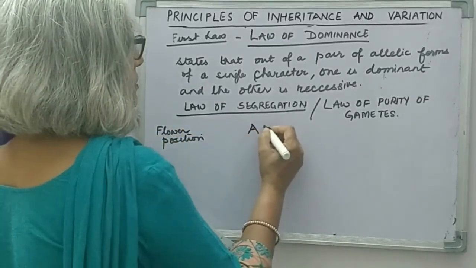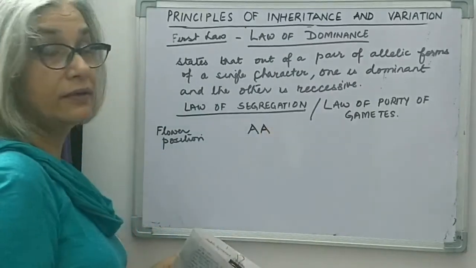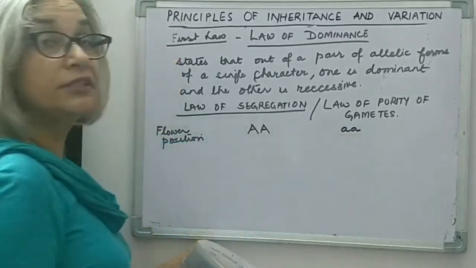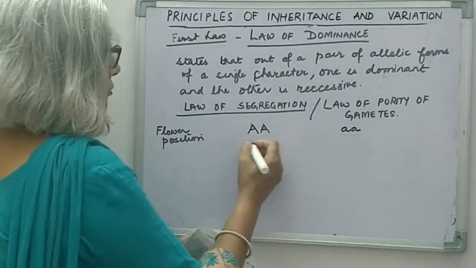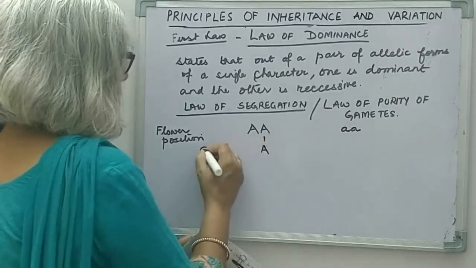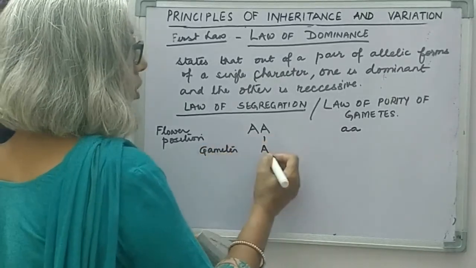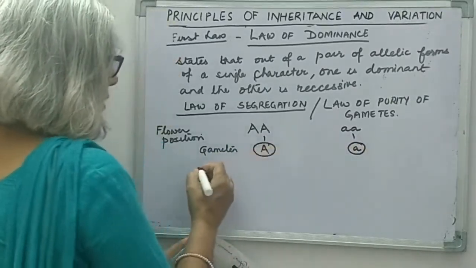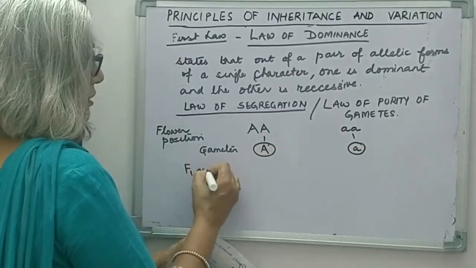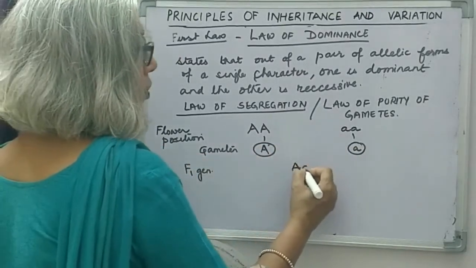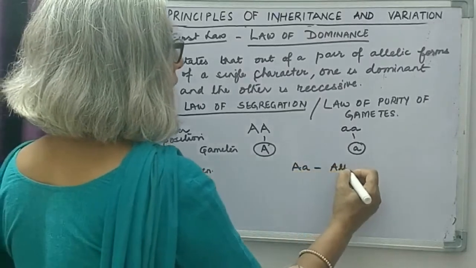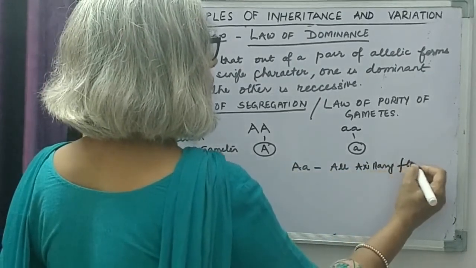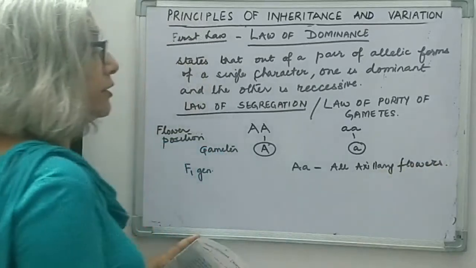One flower is axillary, true breeding form, the other is terminal. So the gametes produced, these are the gametes, all will be capital A, in this case all will be small a. Now in the F1 generation, we see all plants are going to have axillary flowers. All axillary flowers will be produced.